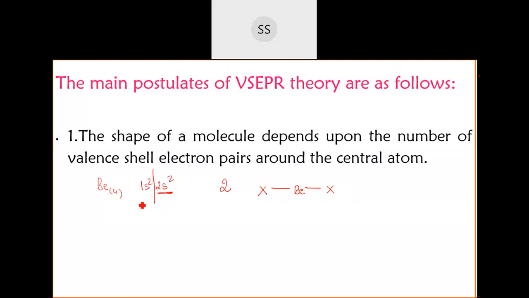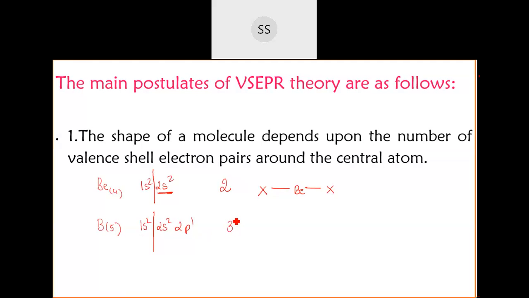But if you have boron, which has atomic number 5, the electronic configuration is 1s2 2s2 2p1. See how many electrons are there in the outermost shell: 3 electrons, which means the number of bonds they can form is 3.